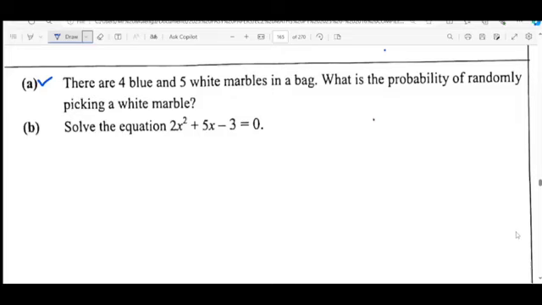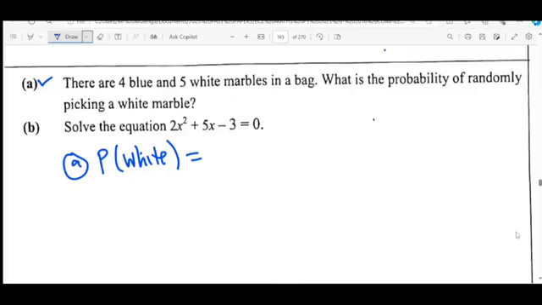Okay, so we can answer our first question A. They want us to find the probability of randomly picking a white marble. So the probability of picking a white marble at random is equal to the number of favorable outcomes over the total number of outcomes. What is the number of favorable outcomes of picking a white marble?